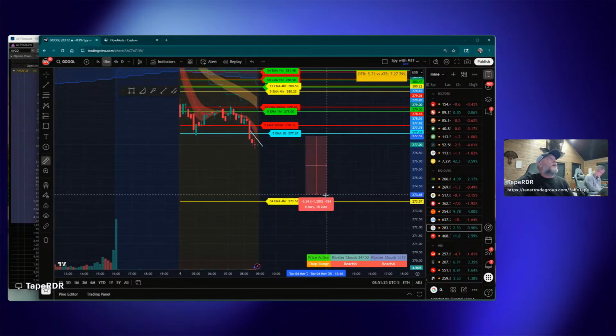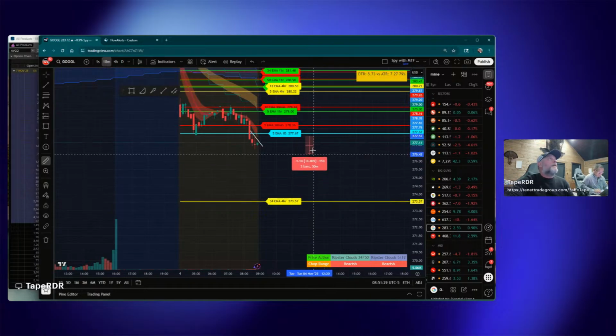This is going to be a trade that's, let's call it, $4 reward, and then our risk is going to be back above this 1 hour. Let's call that $1.50-ish on the stop. Do we want to be that wide on the stop for Google? We don't want to be that wide.